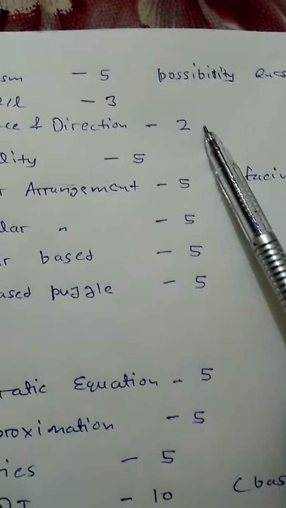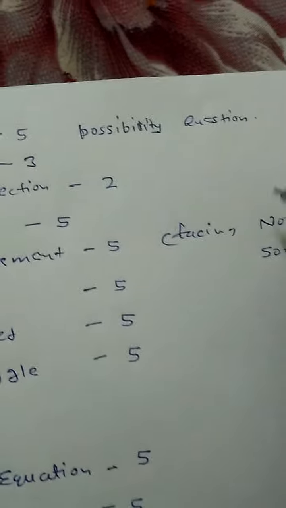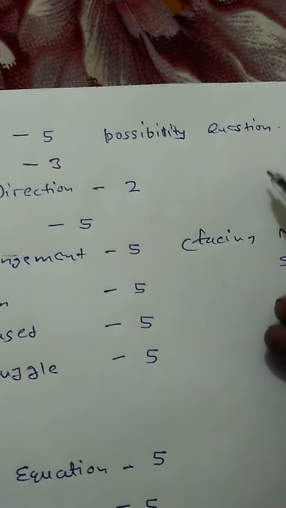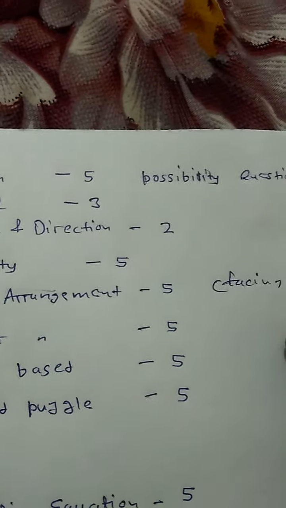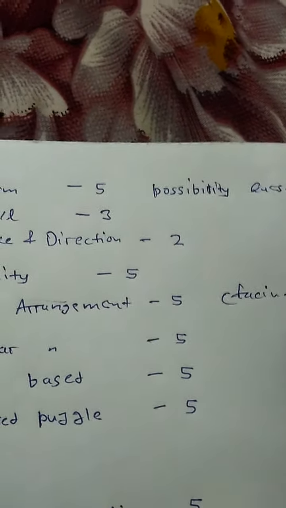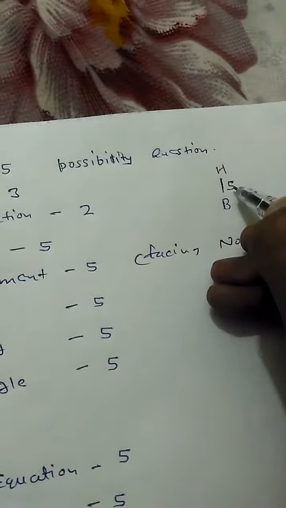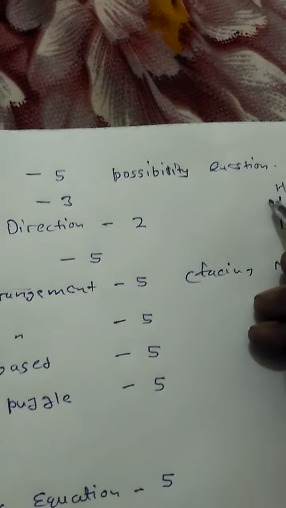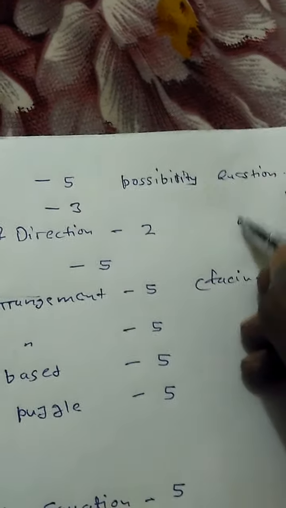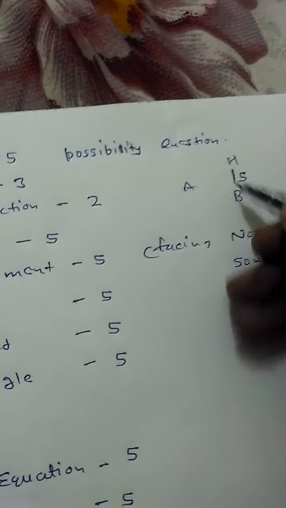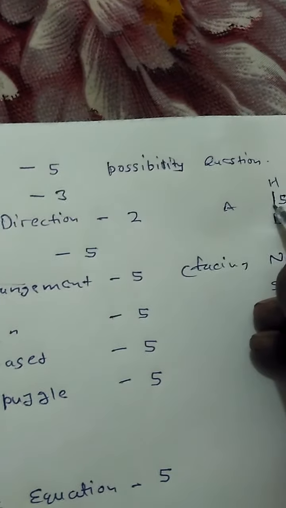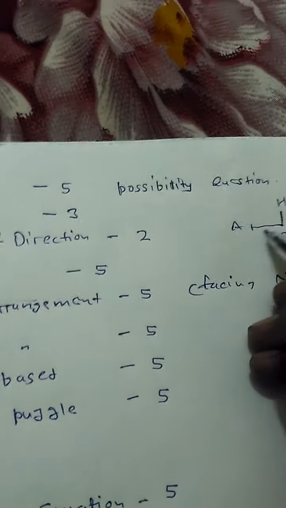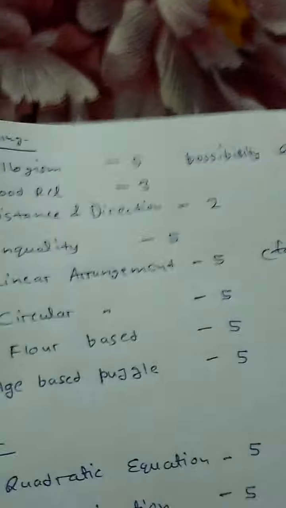Let me explain: suppose B is north of H, the distance is 5 kilometers, and point A is south of, and west of B by 3 kilometers. This type of question comes, so you can easily do it.